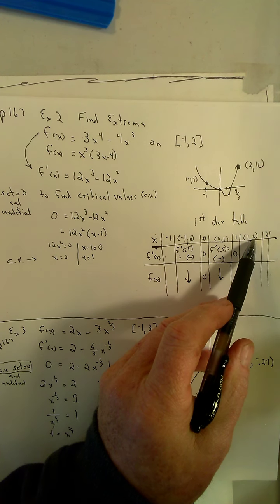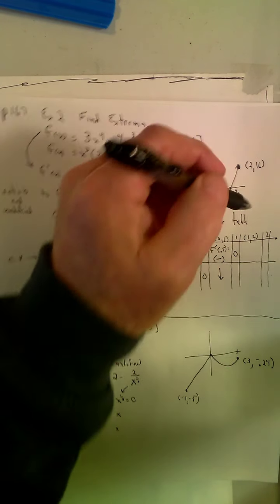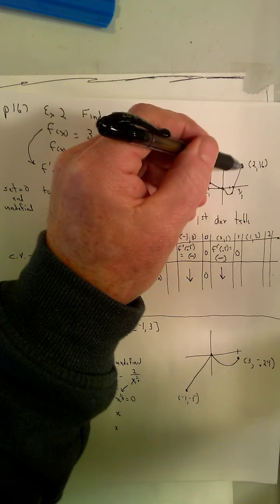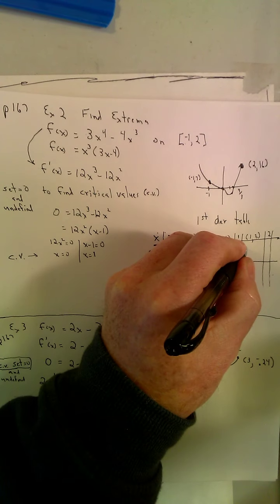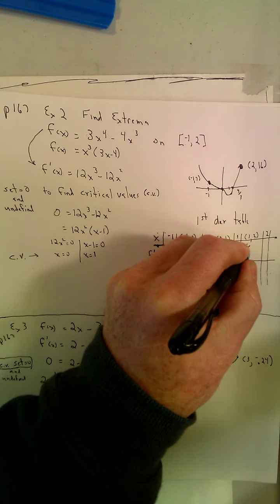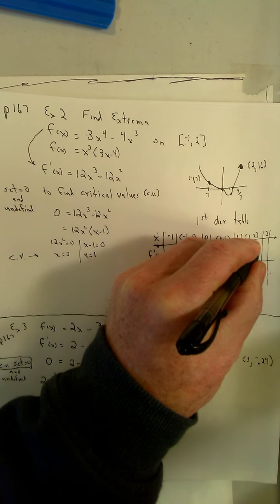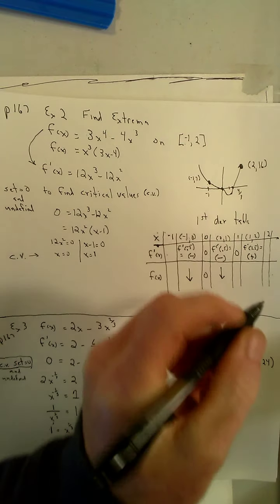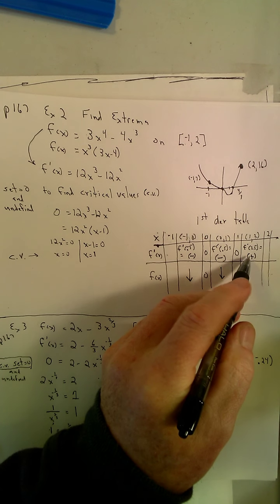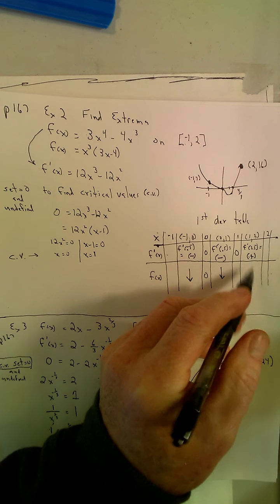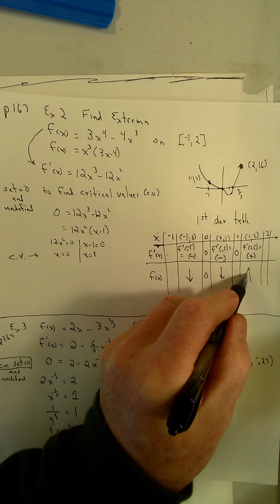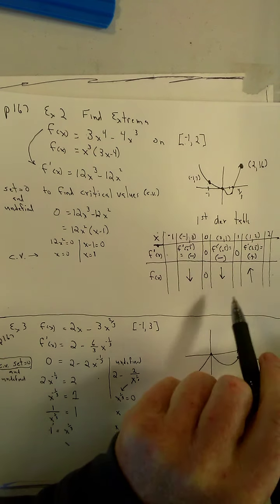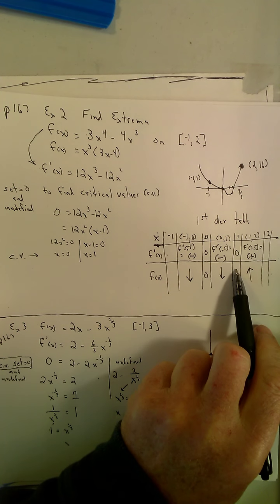And if I plug 1 into the function, 1 cubed minus 4, I'll get -1. Now if I take -1 and plug it into the function, I get 7. I know that from up there. If I plug 2 into the function, I'll get 16.